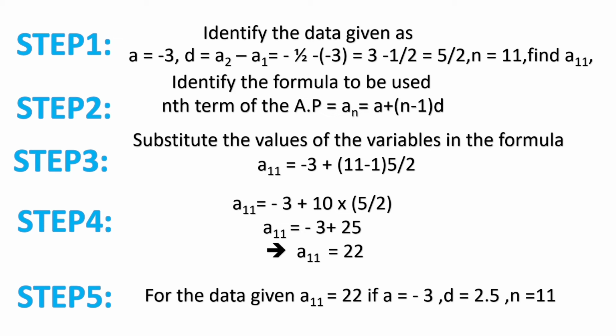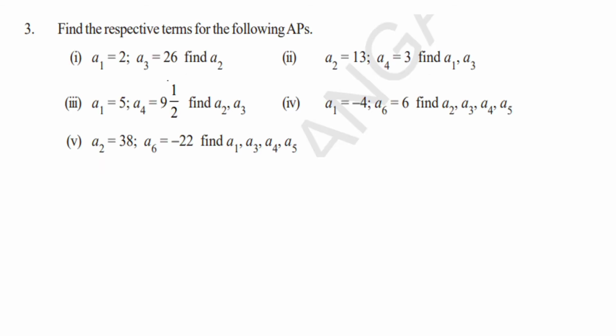So identify the formula in the second step, in the third step substitute the values of the variables given, and in the fourth step calculate the value of the 11th term, and the result is 22 here. That is, for the data given, you have the 11th term as 22, where A is minus 3, D is 2.5.